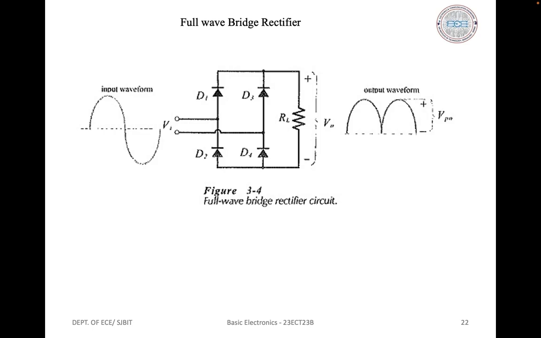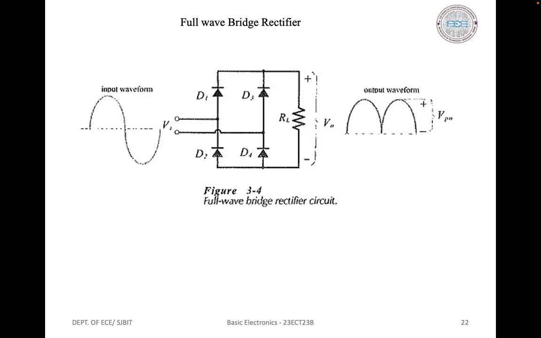During the positive half cycle of input voltage, diodes D1 and D4 are in series with RL. The load current IL flows from the positive input terminal through D1 to RL and then through D4, back to the negative input terminal.